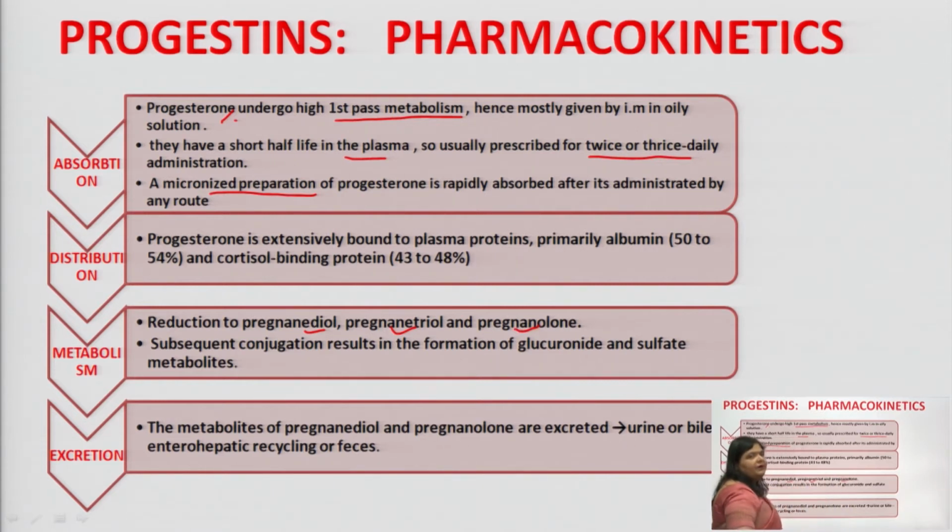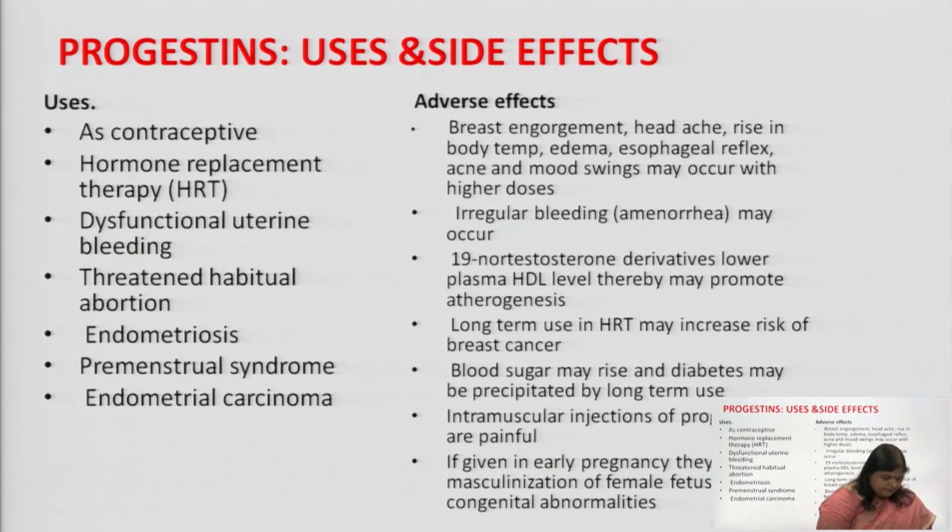These are the three metabolites of progestins, and they then undergo the conjugation reaction, both glucuronide conjugation as well as sulfate conjugation, and are then excreted in urine, or in bile also, because it undergoes enterohepatic circulation, so it may be excreted in the feces also.